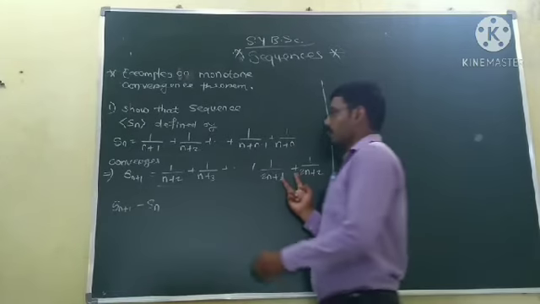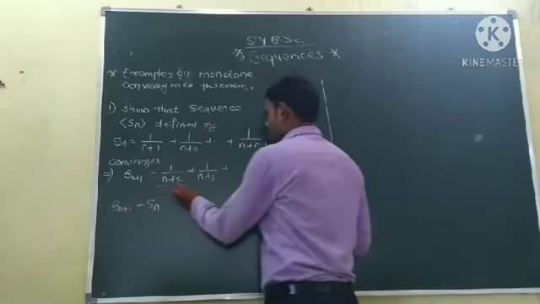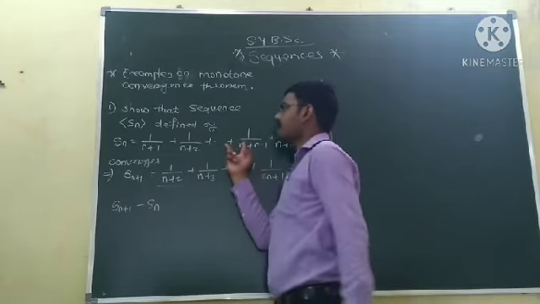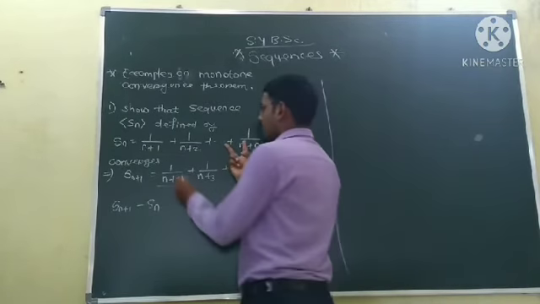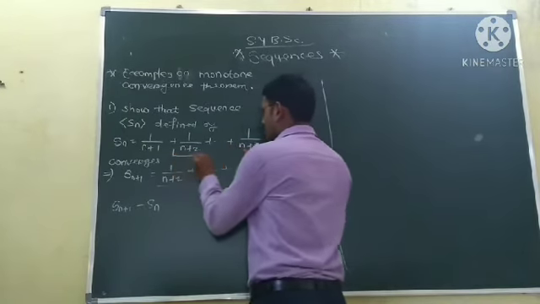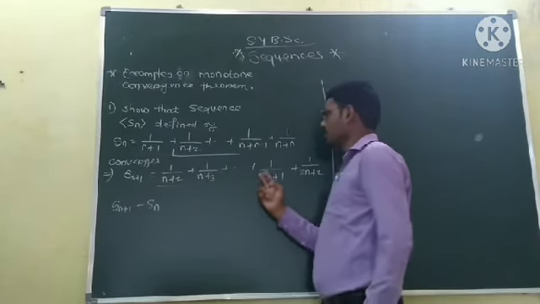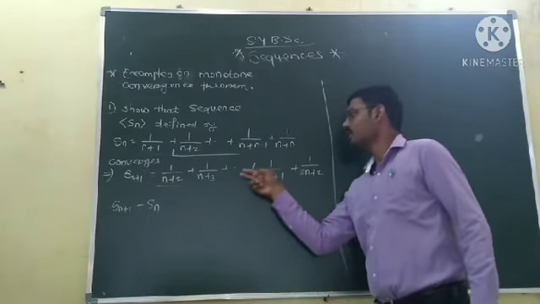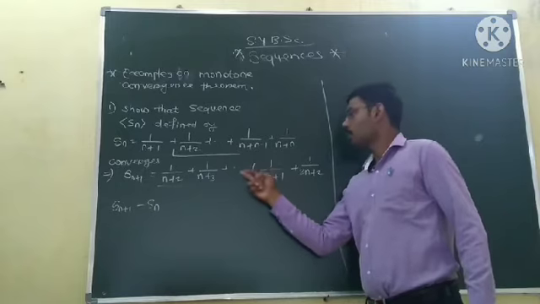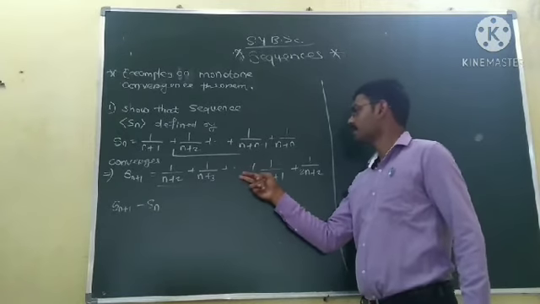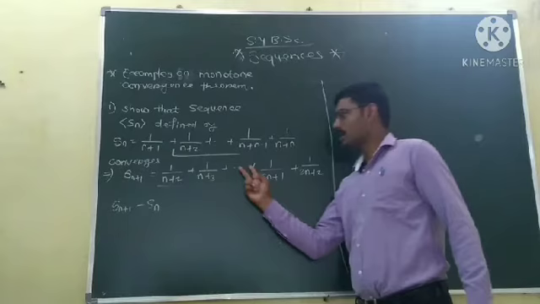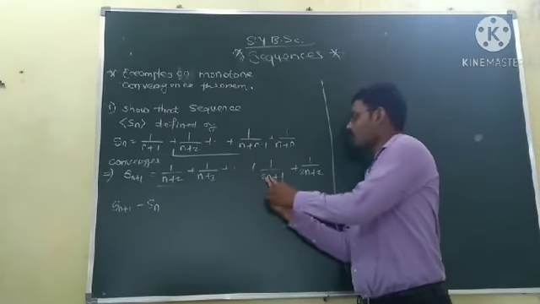Whenever we take the subtraction, the middle part is the same. So from n plus 2 to the term before the end, 1 upon n plus n, that is 1 upon twice n, and later on 1 upon twice n plus 1.